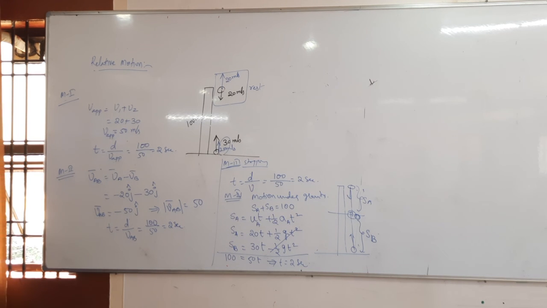Write a problem. A car is moving with velocity 10 meters per second towards east and experiences that a truck is moving with the velocity of 20 meters per second towards north.